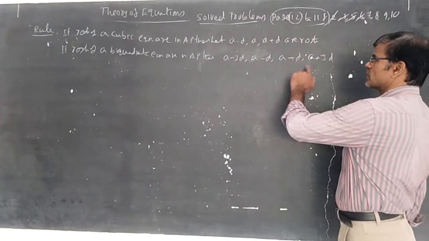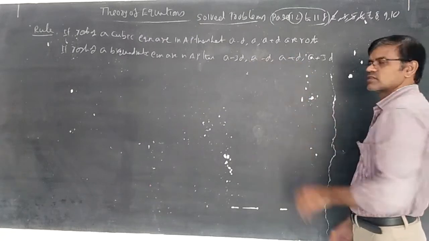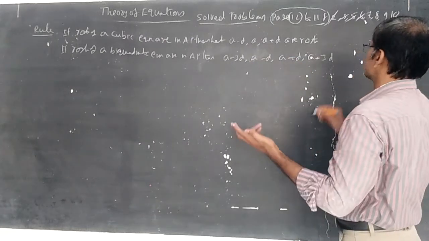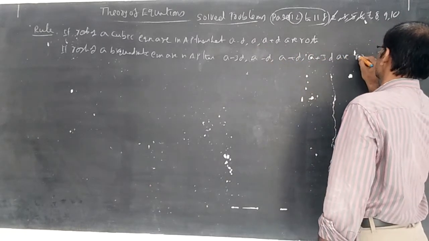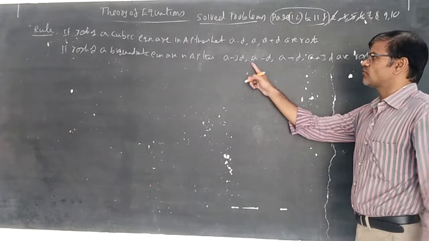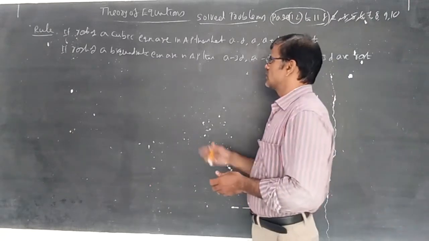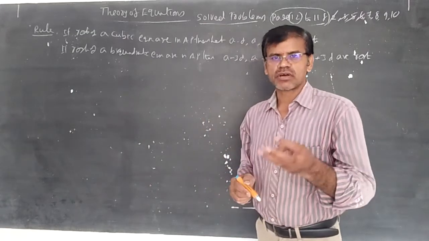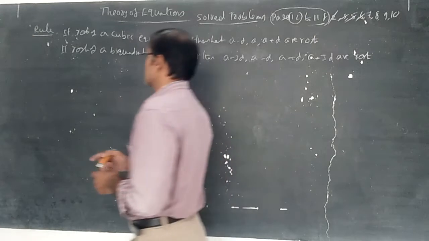So whenever it is getting cancelled and the difference is equal, here 3 minus 1, 1 to 3 like that. So the difference is 2 here, difference is 1. Like that you should think. If these are roots, then you will get alpha plus beta plus gamma plus delta value 4a generally, in the easy method. Of course alpha, beta, gamma, delta like that also you can think, but this is the easy method.